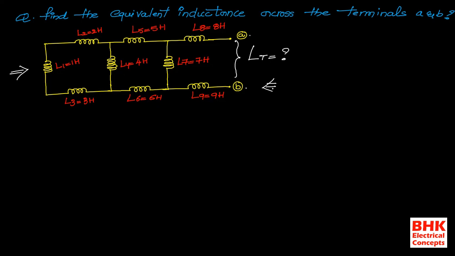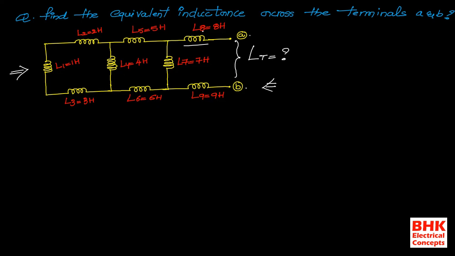Most students will see that terminal A and terminal B are connected here, so they will start from here. Now L8 and L7 are both connected in series, they think. But we know that when inductors are connected in series, there is no disturbance between the two inductors.